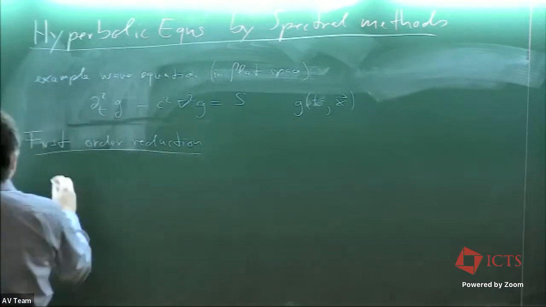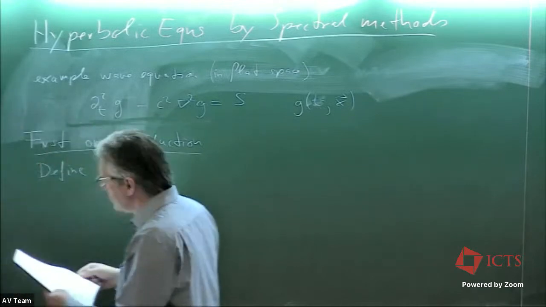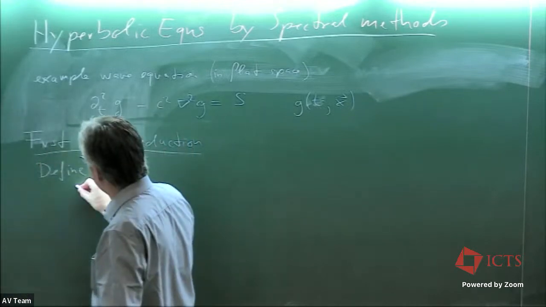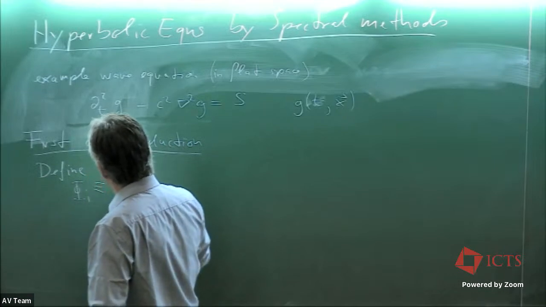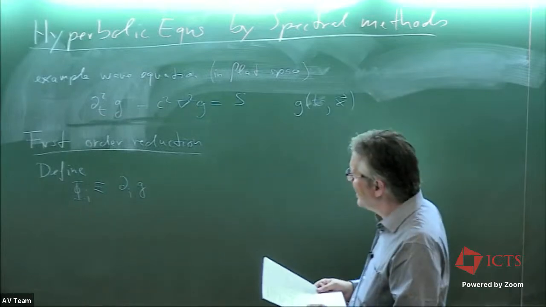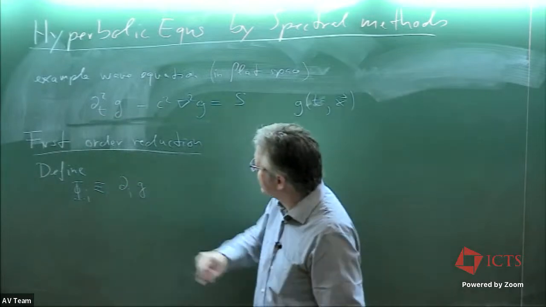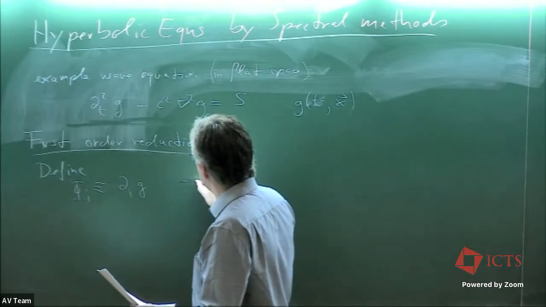So we are going to define two new variables. The first one is called phi i, and this is the gradient of our scalar field. And if I define this thing here, well then, of course, no big surprise.